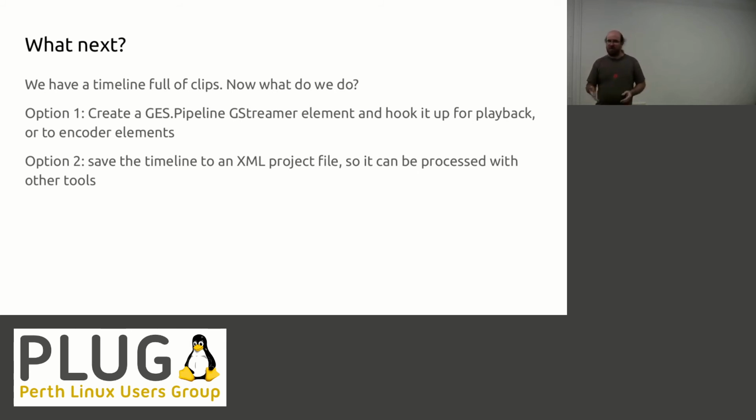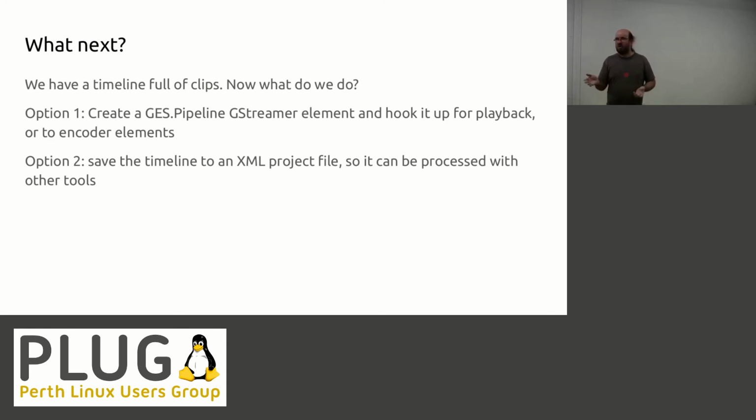So then the question is, what do you do once you've built up this structure? One thing you can do is create a pipeline which allows you to play back the project through any GStreamer API.